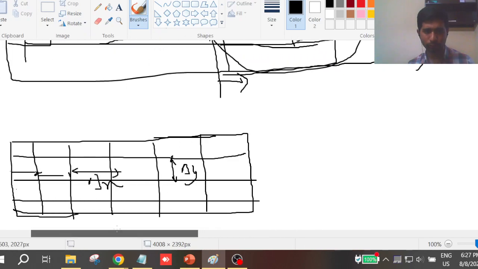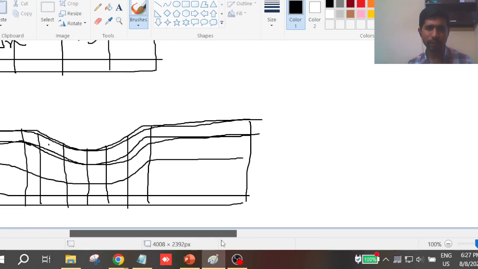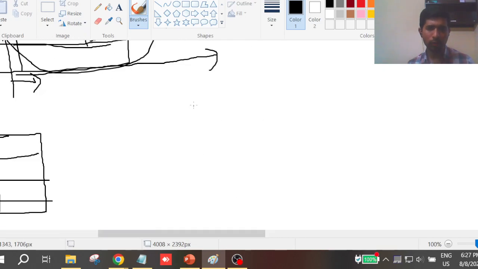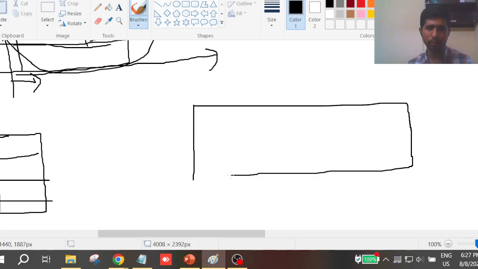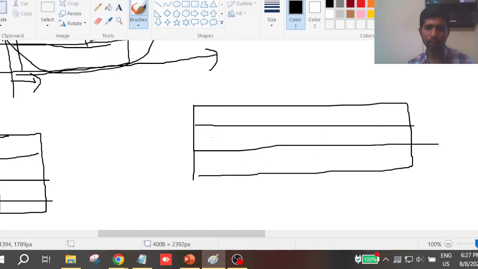The first aspect is, you draw these lines in the domain, these mesh lines, and they intersect. Usually they are known as grid points or nodes, based on the type of discretization. So you have to see the number of neighboring nodes for one particular node.